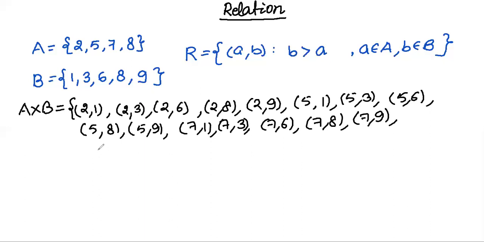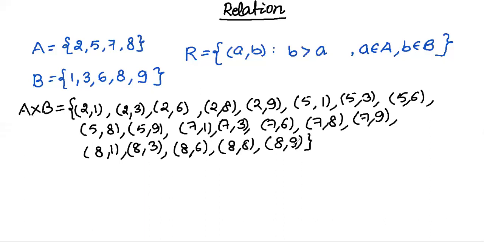Next is (8, 1), (8, 3), (8, 6), (8, 8) and (8, 9). So these are the Cartesian product of A and B.